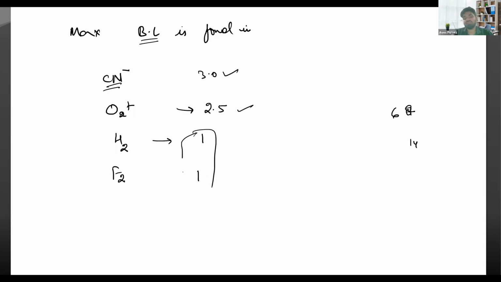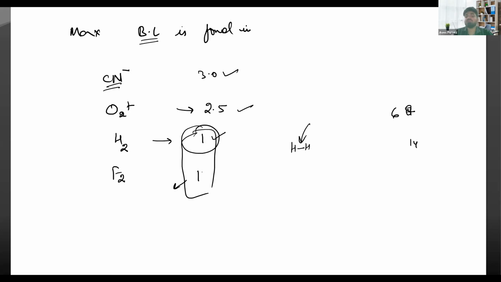Now comparing H2 positive and F2, you will find that F2 is going to have more anti-bonding electrons in comparison to H2 positive. So the stability of the H2 molecule is more. It is going to have very less bond length because its bond is very stable, as it has no anti-bonding electrons.